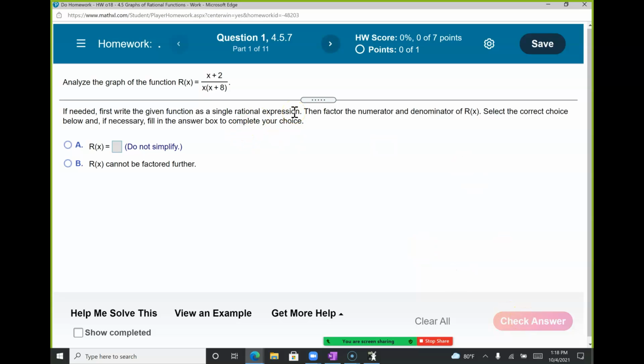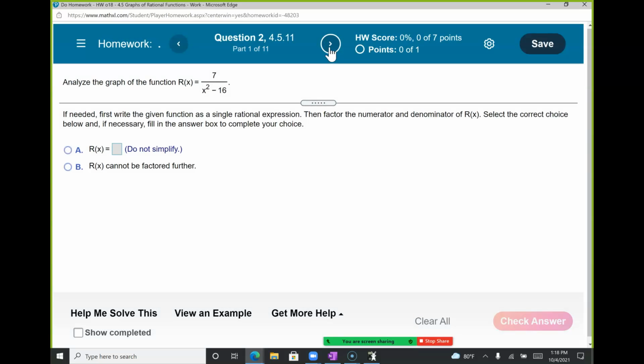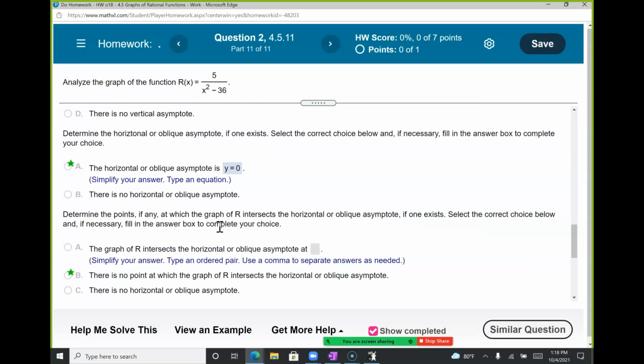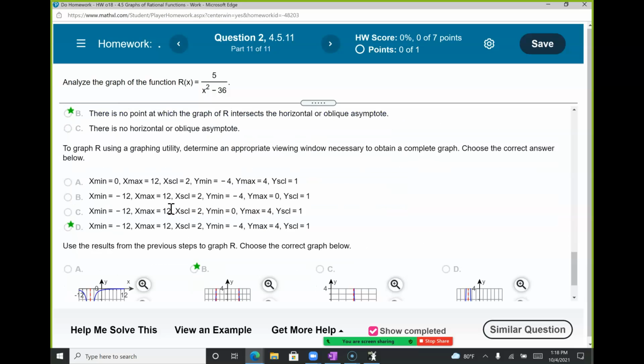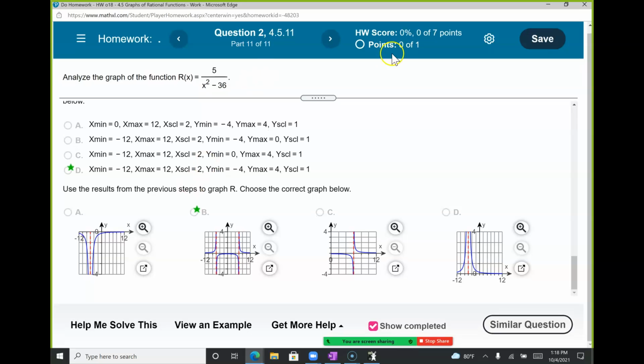So it says analyze the graph. It means do everything I just taught you how to do. And it's not going to be any different for any of these problems. And it's going to prompt you for everything, right? So like if I show the answer here, it's going to prompt you for a bunch of things. Oblique asymptote, horizontal asymptote, what points, what's your domain, which is the graph, etc., etc.